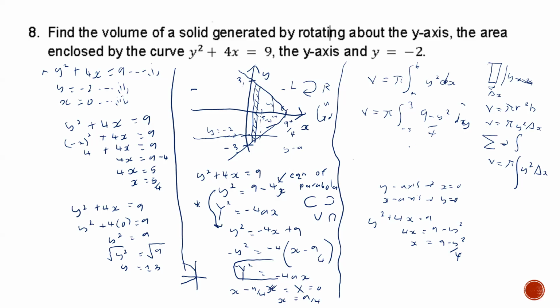Because if you're getting the strip about the y-axis, that's what will make this dy. Then the radius will have to become x, such that we have 9 minus y squared divided by 4, which will be our radius of the strip. Then when we integrate, it becomes, over that entire limits on the y-axis, something of the sort.